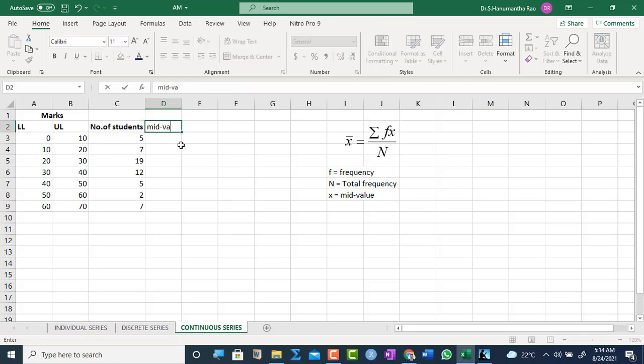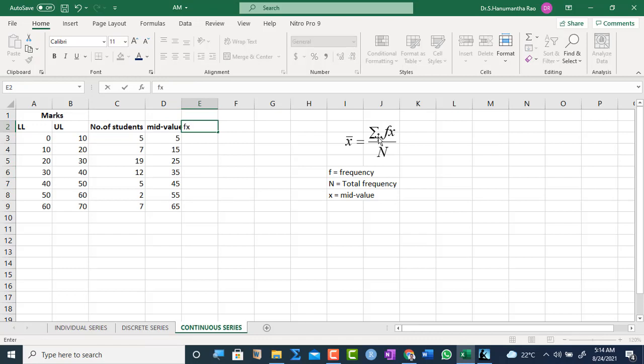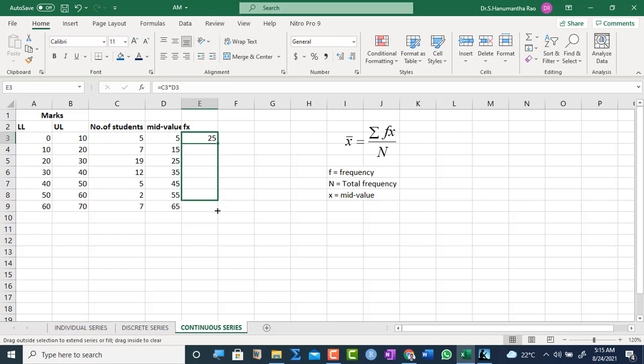Mid value is lower limit plus upper limit divided by 2. Next, I calculate fx, where f is frequency and x is the mid value.